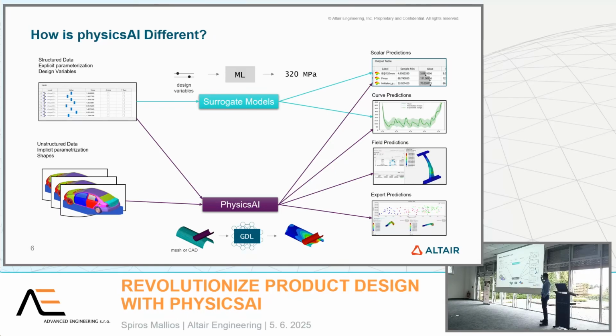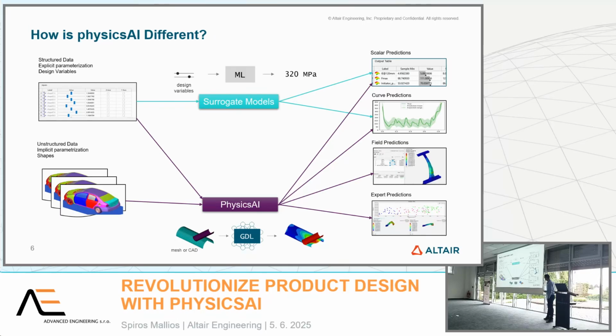So PhysicsAI allows you to use historical data from your past simulations. Why would you do that? The main benefit is that you get a solver with your own data that is running in seconds. Instead of waiting for solvers to converge in hours, minutes, or days, you have instant physics predictions in seconds.